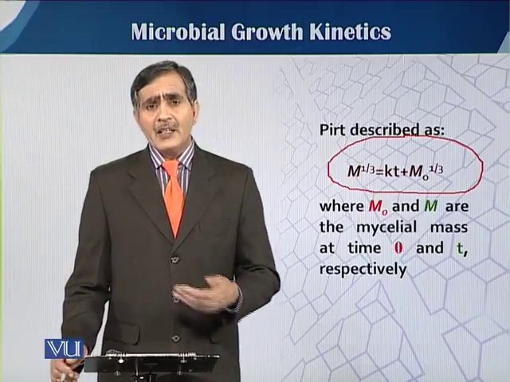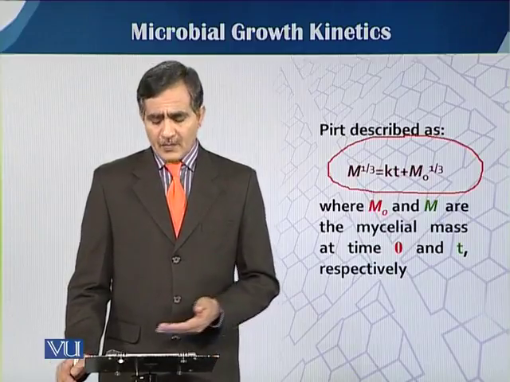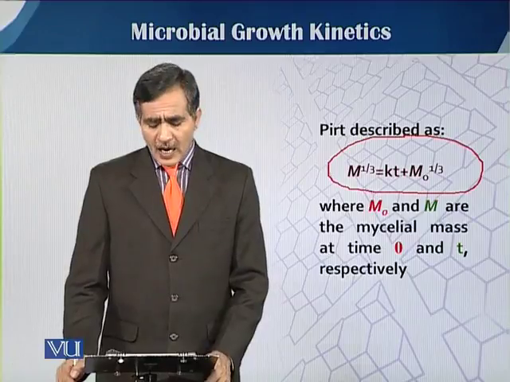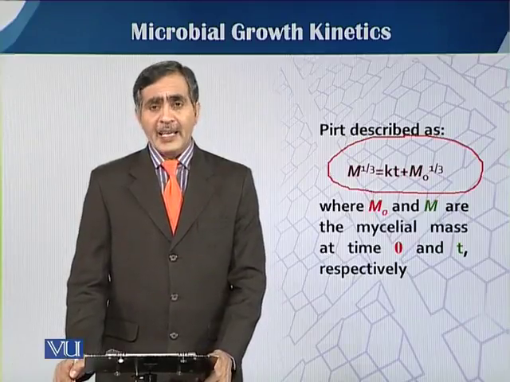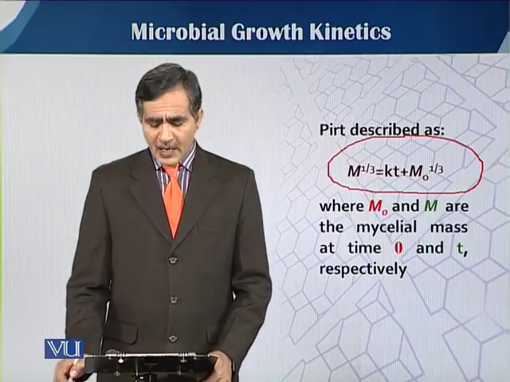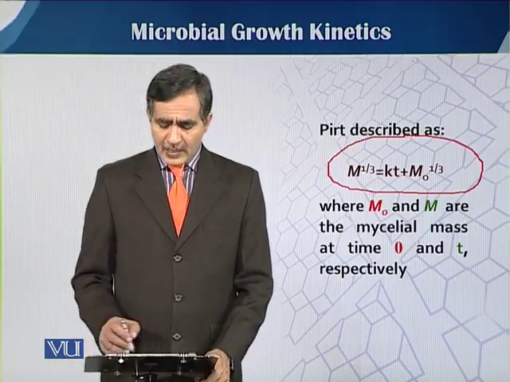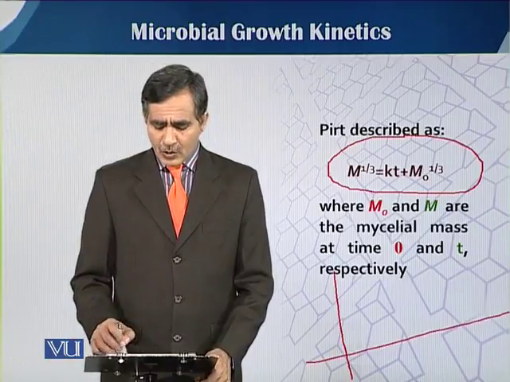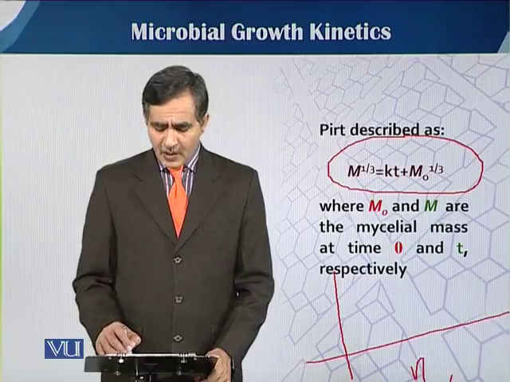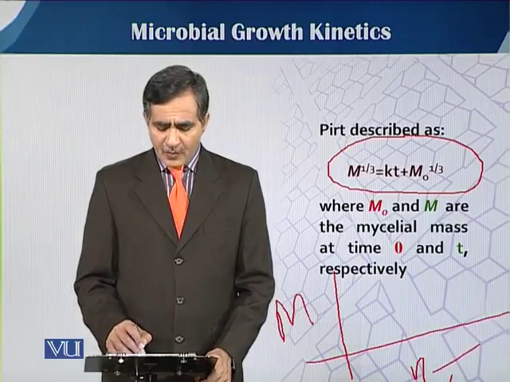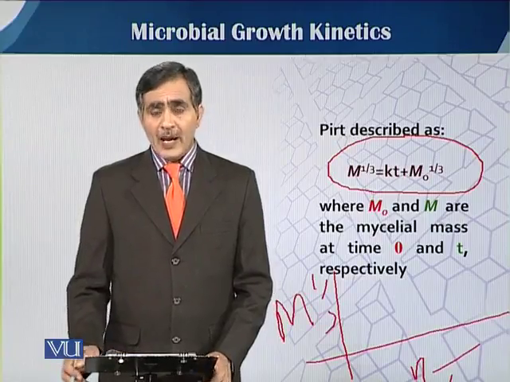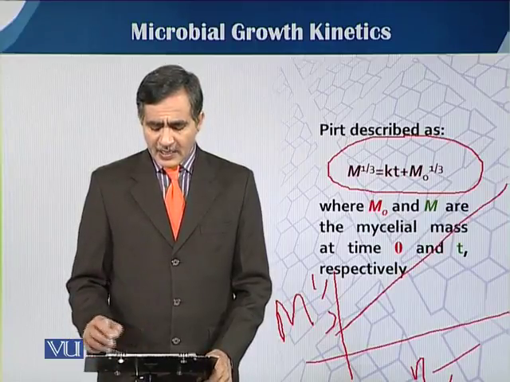If we take the cubic root of the mycelial mass and plot it against time, then we have a straight line. So if we have time on the x-axis and M to the power 1/3 on the y-axis, we get a straight line.